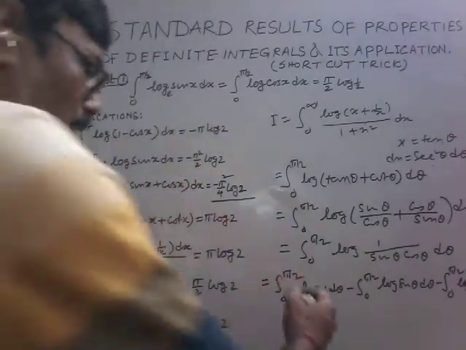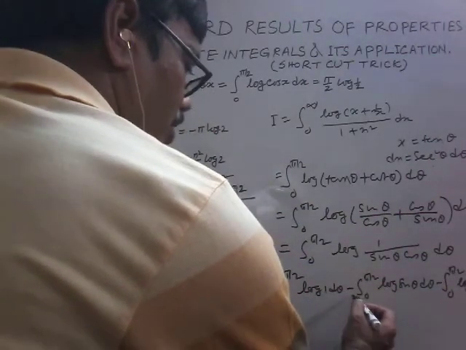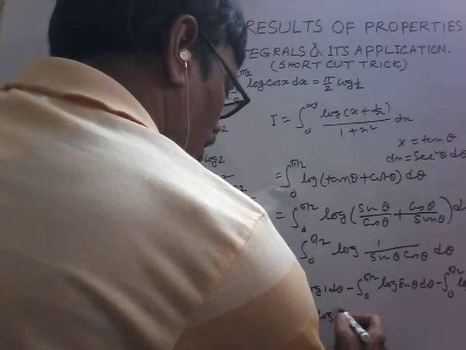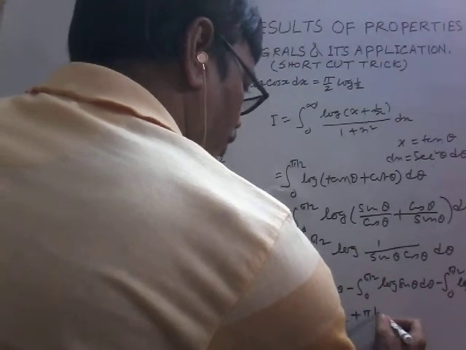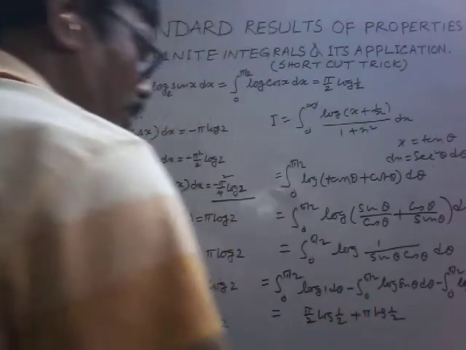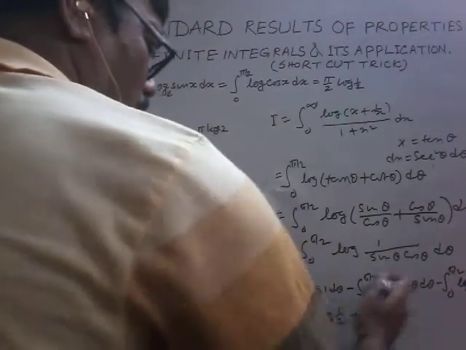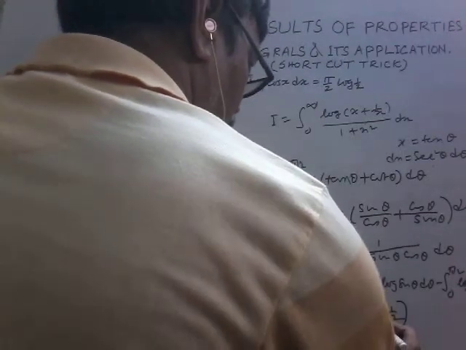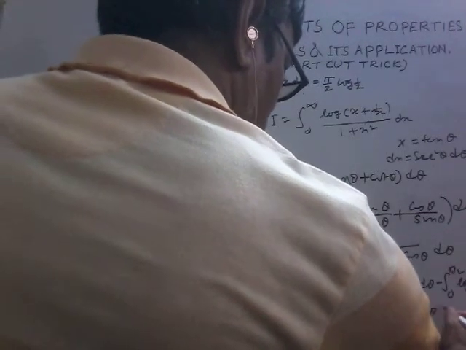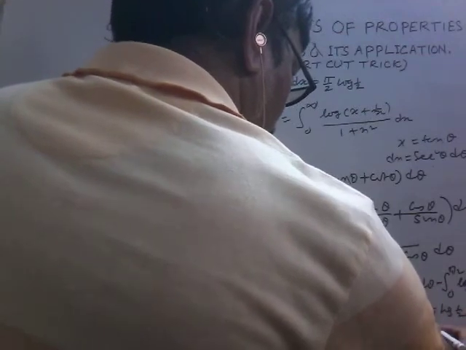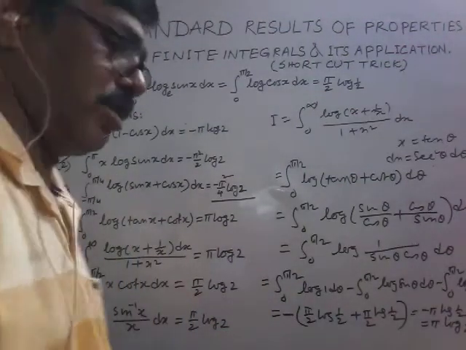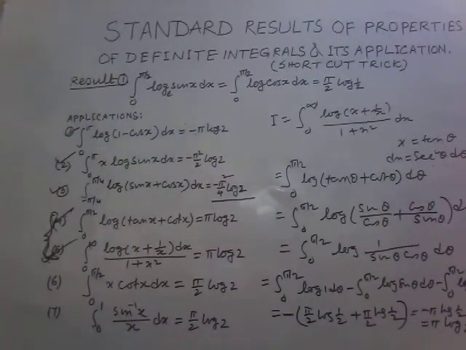Now this one is 0, so this is minus, and this is pi by 2 log half. This is again pi by 2 log half. So pi by 2 log half, with minus at the beginning, so minus pi log half, that is pi log 2. Pi log 2. Now this and this are exactly the same.